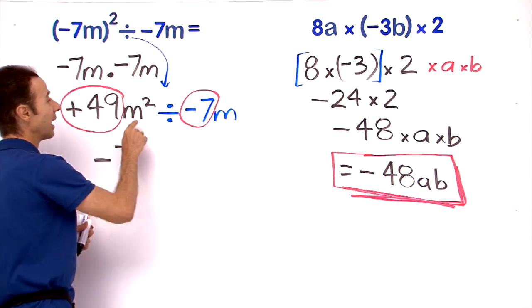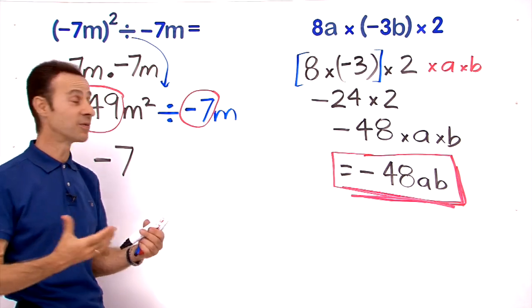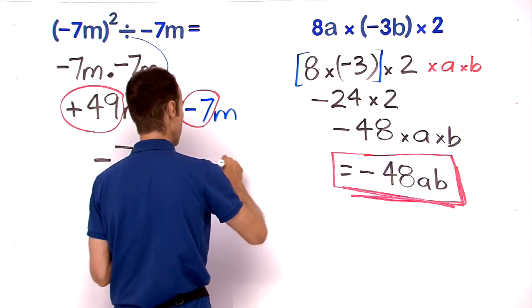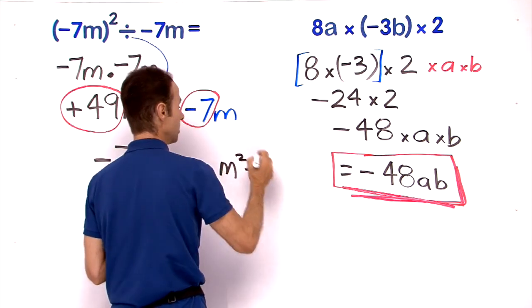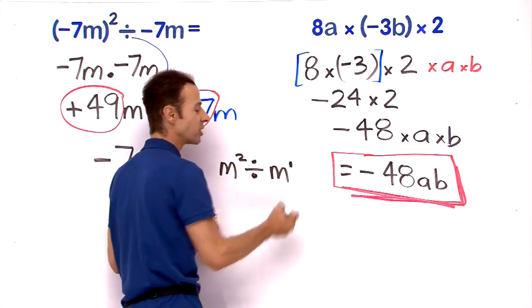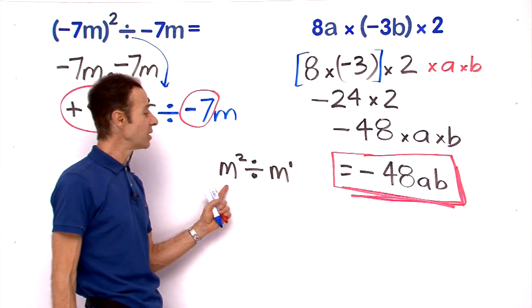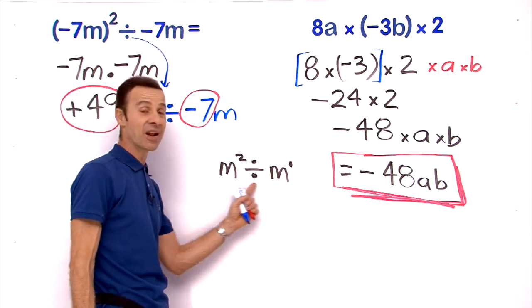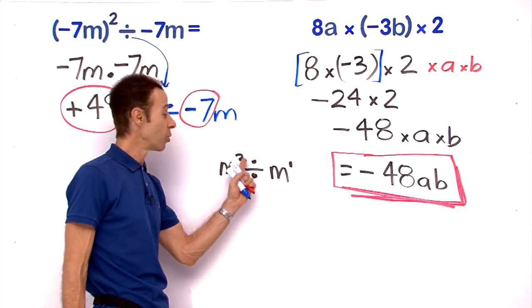And then we have m squared divided by m. Now you remember exponent powers, if you've done them. M squared divided by m, and essentially m by itself means m to the power 1, but you don't need to write the 1, though it actually means there's a 1 there. So when we divide two bases that are the same, in other words, m and m, what do you do with the powers? Well, you subtract the powers.